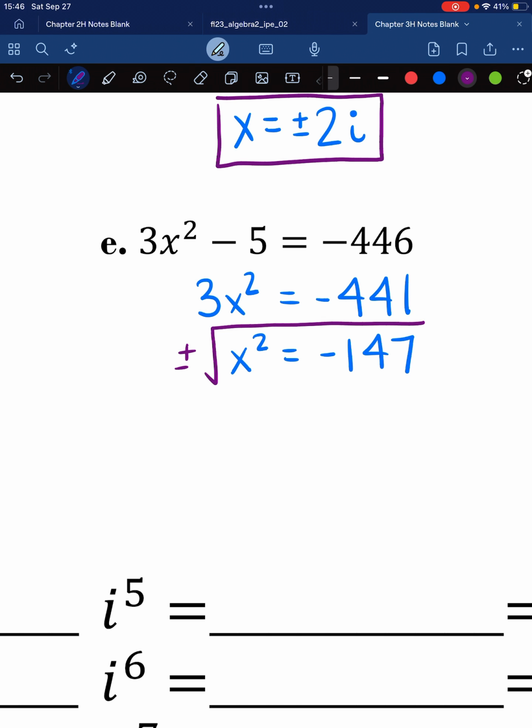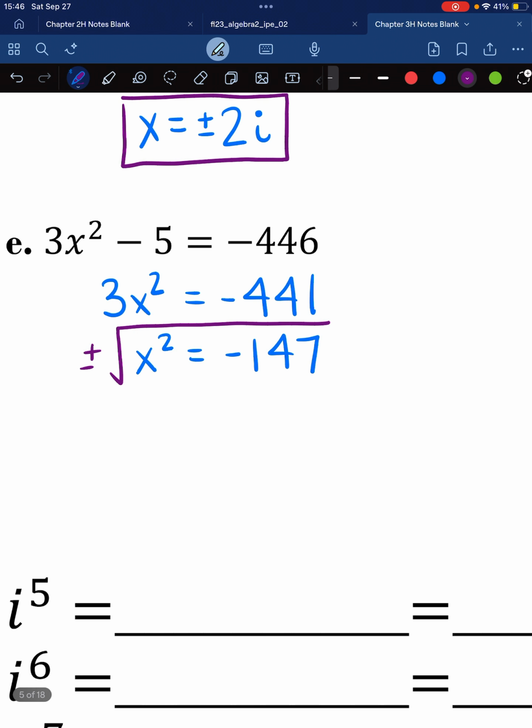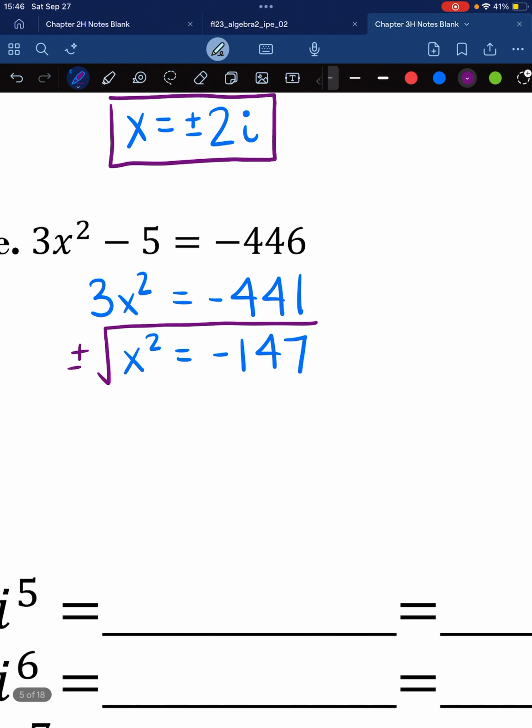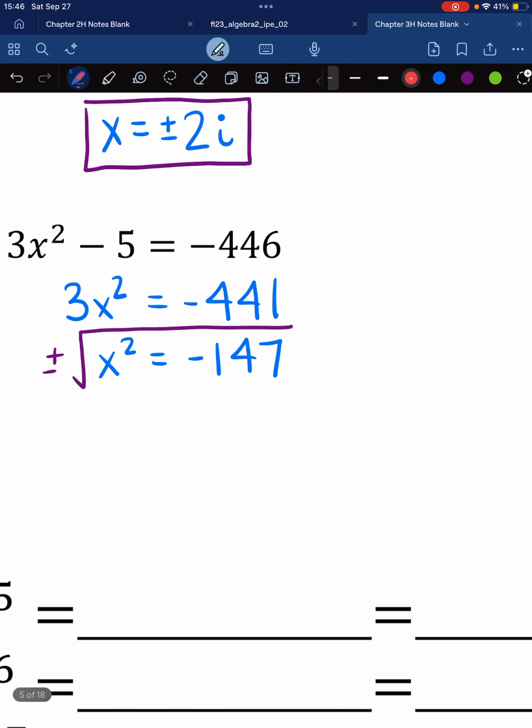Positive or negative square root, and I don't have my calculator on me. So I'm going to guess. I'm going to do some side work to check, but I feel like the perfect square that's in 147 is probably 49. And I'm going to guess 49 times 3 because I can see that the last digit there is a 7. And I know that 9 times 3 here is also going to end in a 7.